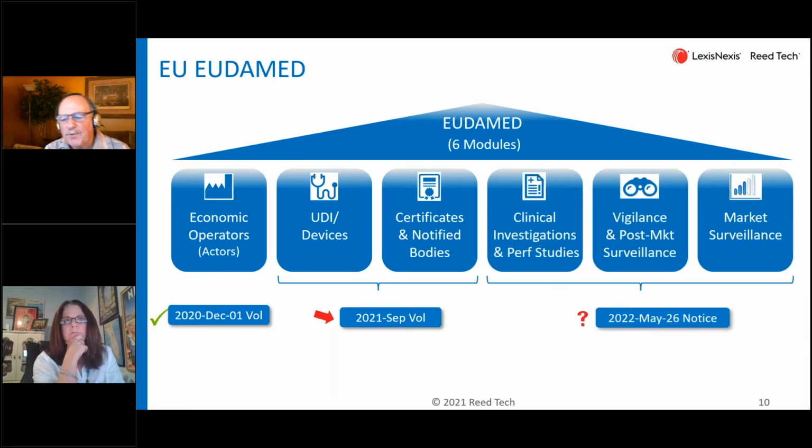And then there's the remaining 3 modules, the clinical investigations, vigilance, and market surveillance, that are planned. And the official date is that these would all be up and running, validate or pass the audit and be fully functional by May 26th. So we're looking forward to that notice.